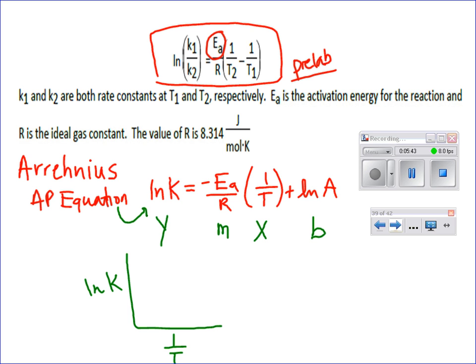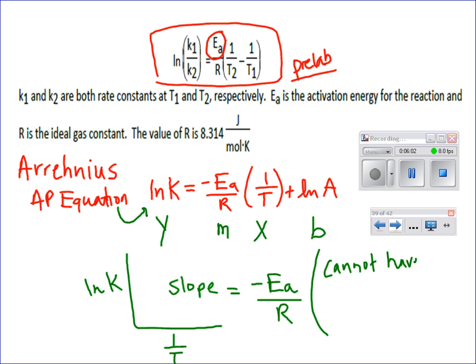And again, your slope of this line after you graph it is going to equal negative activation energy over R. So to find the activation energy, you're going to go ahead and multiply by R. Just like with heat of vaporization, you cannot have a negative activation energy. Remember, activation energy is the energy needed to put in, so that's going to be a positive value.